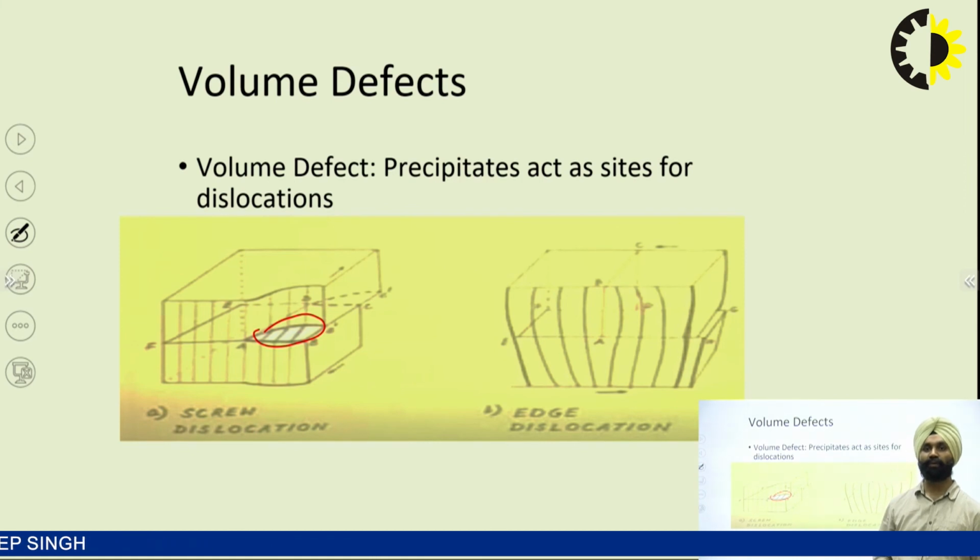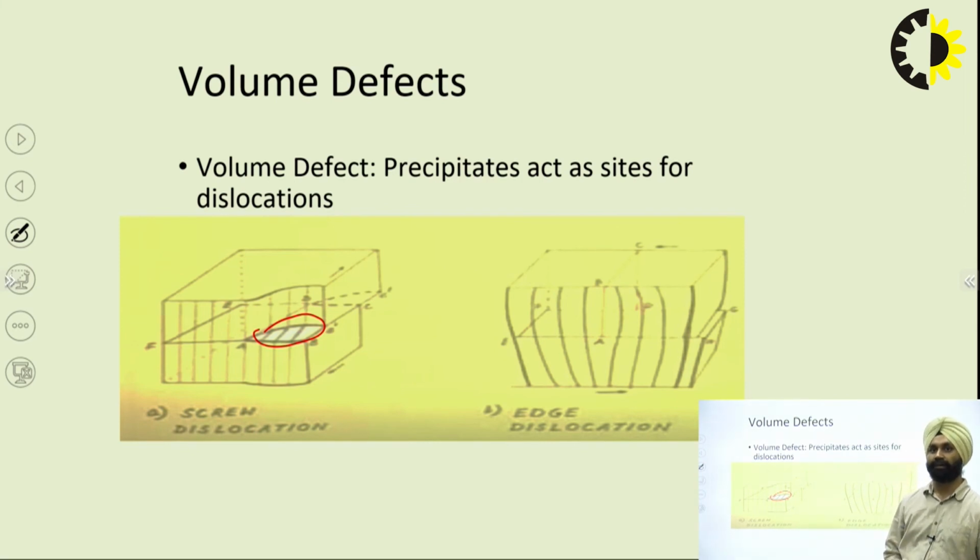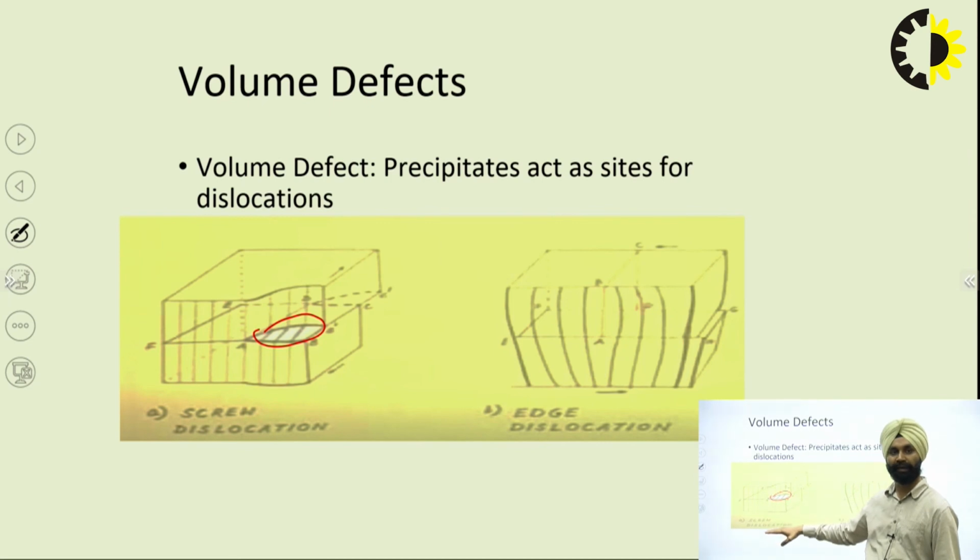This defect is more predominant where we have boundary layers or buried layers. When we have buried layers, in the CZ method or the epitaxial layer, when the epitaxial layer is grown over the buried layer, the buried layer will form some dislocations. So there are more possibilities of creation of dislocations in the volume.